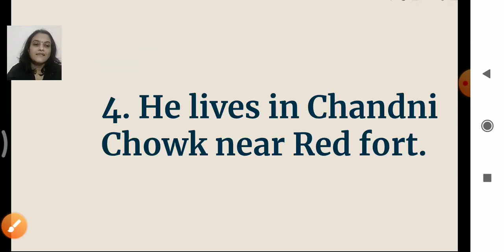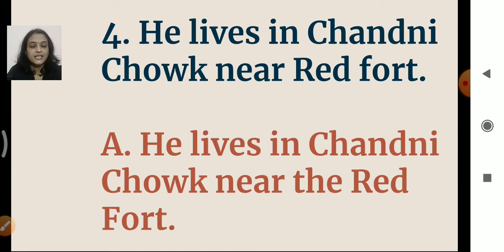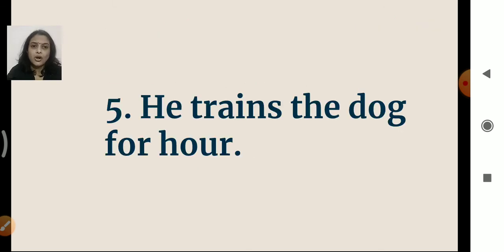He lives in Chandni Chowk near Red Fort. Answer is, he lives in Chandni Chowk near the Red Fort. Okay, the Red Fort is one and only one, a specific one, a definite one. So the Red Fort. He trains the dog for hour.